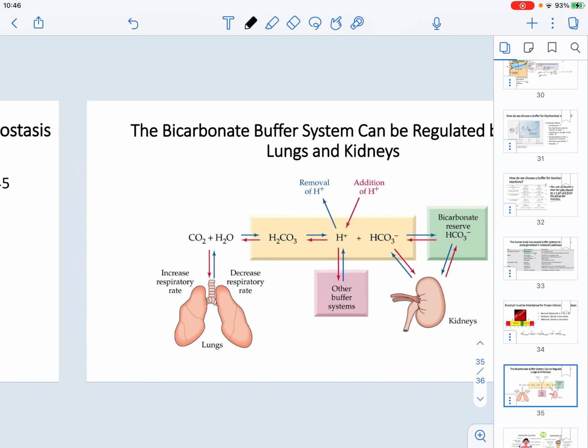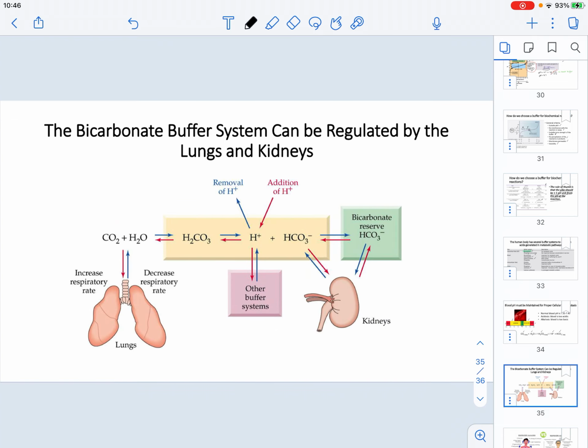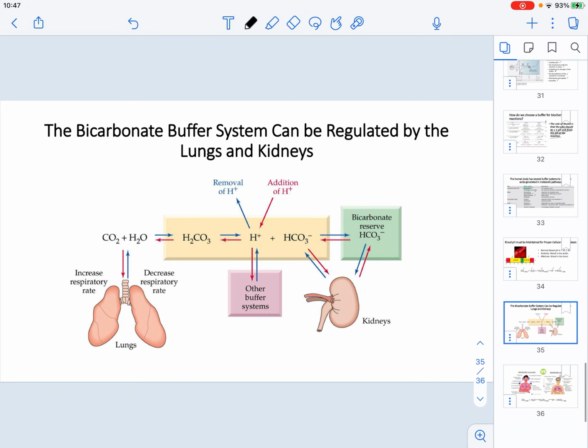Now, understand that this bicarbonate buffer system can be regulated by the lungs and the kidneys. So what happens overall is that in this equilibrium system, we also have to be reminded of Le Chatelier's principle. If we have any disturbances to this system, the equilibrium can be pushed towards the right or towards the left.